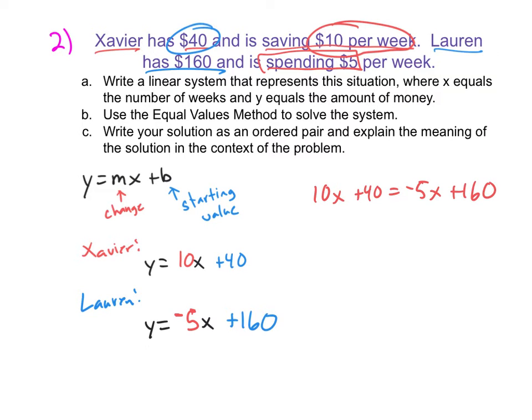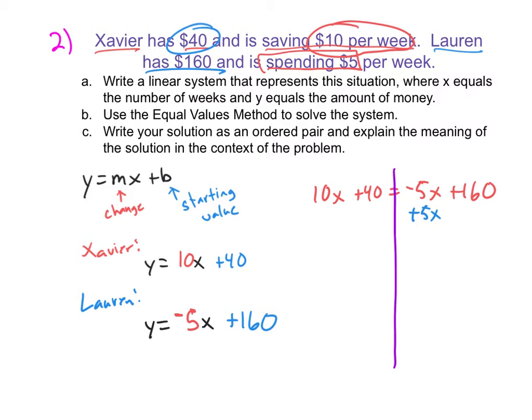And now I just need to solve it. So remember, get x's on the same side and then get x by itself. I like to use the smaller x value because it helps me keep my numbers positive. So negative 5 is smaller than positive 10. So I want to move the negative 5. And I'm going to do that by doing the inverse, or the opposite, to create a 0 pair.